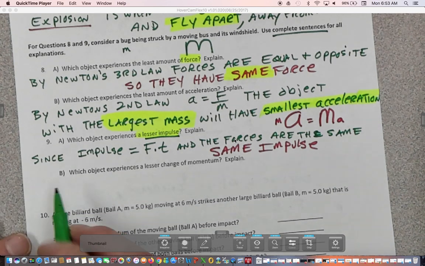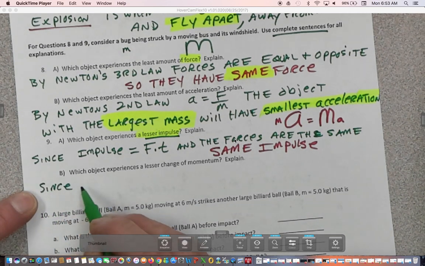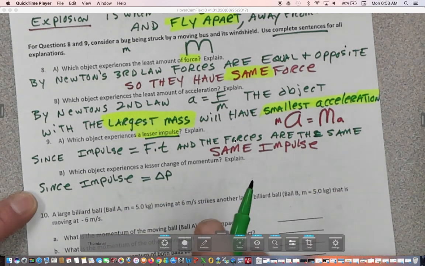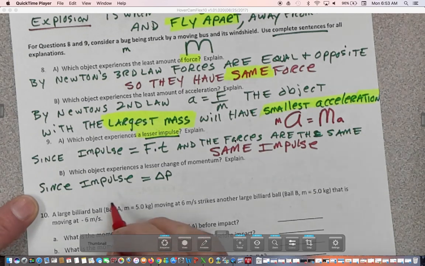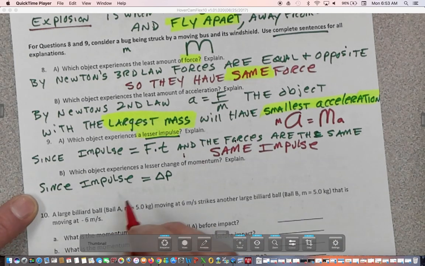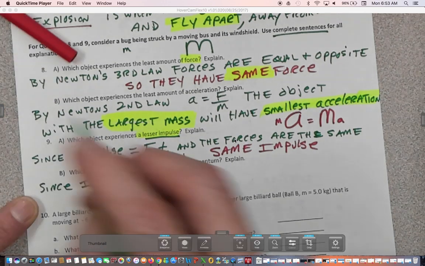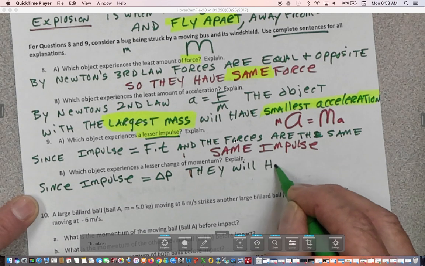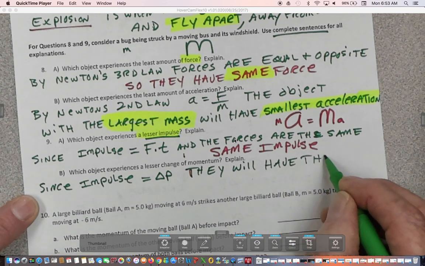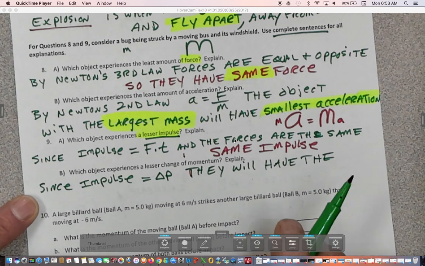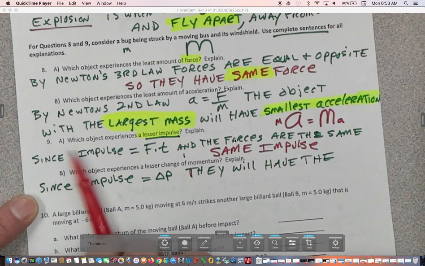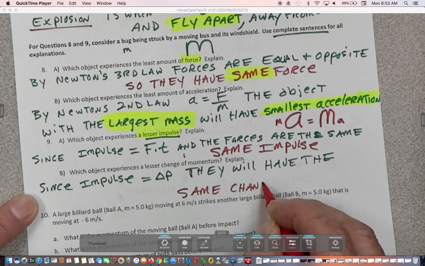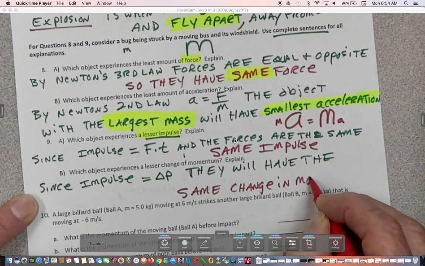And up here, since impulse equals delta P, I'll put it in green, they will have the same change in momentum.